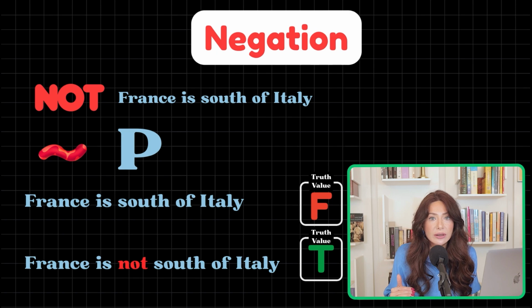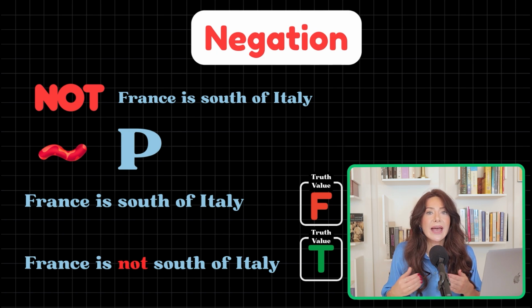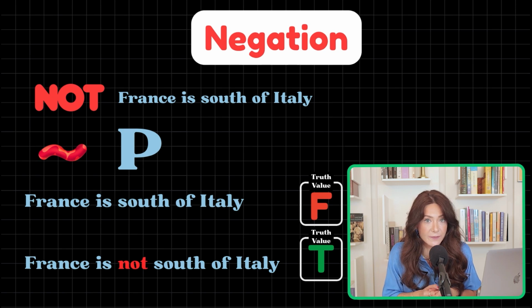If the original statement was false, the negation of that must be true, because statements are either true or false. If France is south of Italy was false, then France is not south of Italy has to be true.